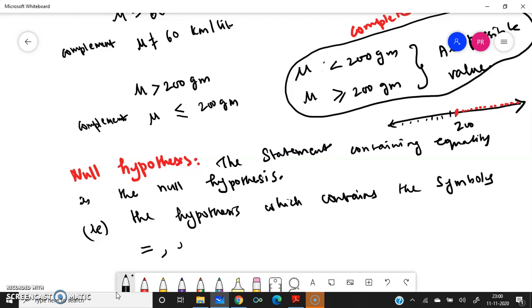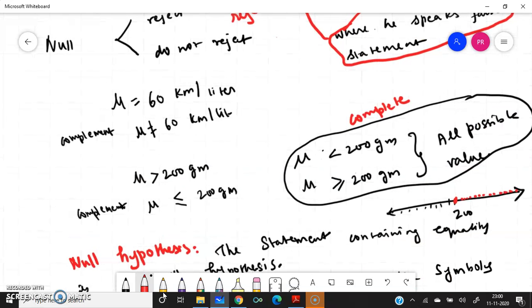Equal to, or it may have the symbol lesser than or equal to, or it may have the symbol greater than or equal to, is taken as null hypothesis. All these are taken as null hypothesis. The symbols are equal to, lesser than or equal to, greater than or equal to.